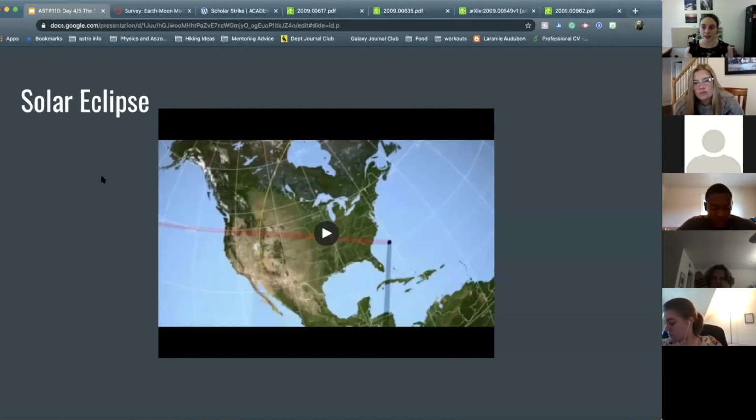But they are fairly rare because we do need that nice alignment between the Earth, the moon, and the sun. We need the moon to be at a point in its orbit where it's closer to Earth, so that shadow can actually land on the surface of the Earth. So we need the moon to be near perigee, its closest point to Earth.